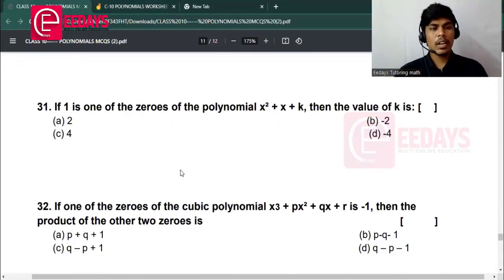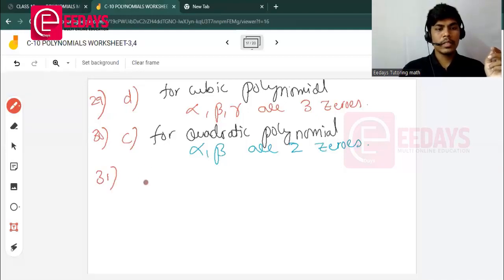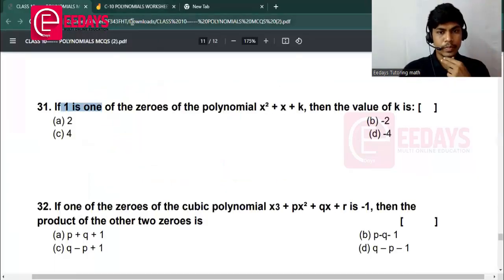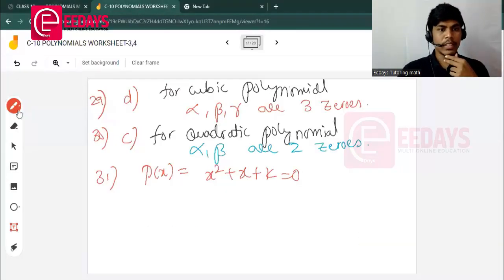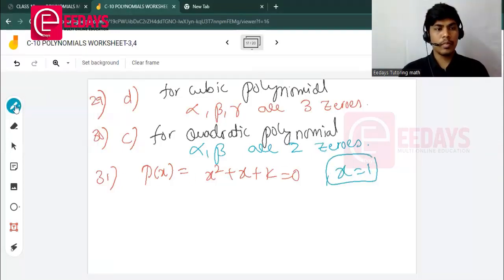Now the 31st question. If 1 is one of the zeros of the polynomial x square plus x plus k, find the value of k. I already told you, if they give one of the zeros like this, we just take x is equal to 1. First write the polynomial equation, x square plus x plus k is equal to 0. x is equal to 1 they gave, so you just substitute 1 in the place of x.